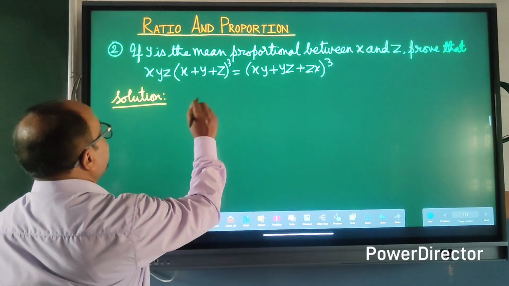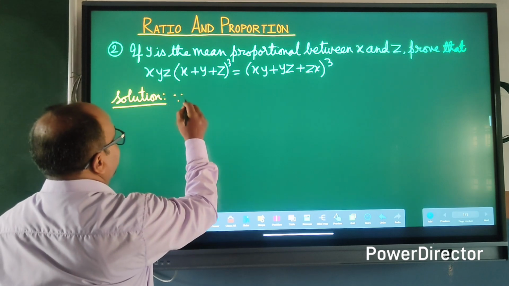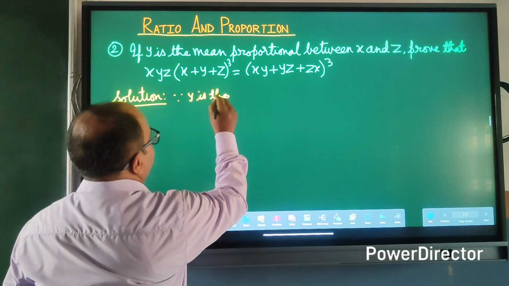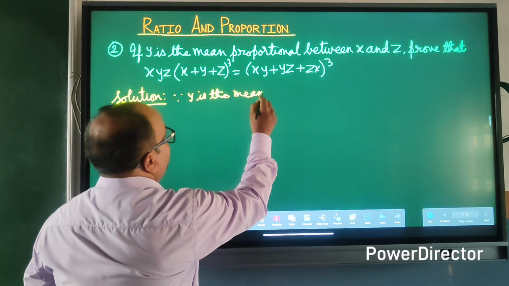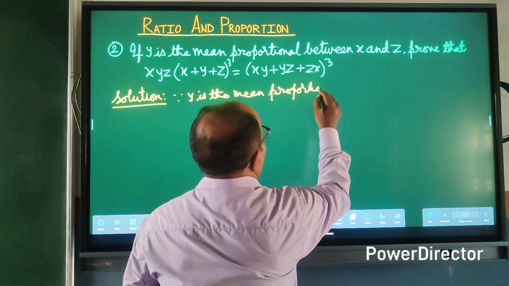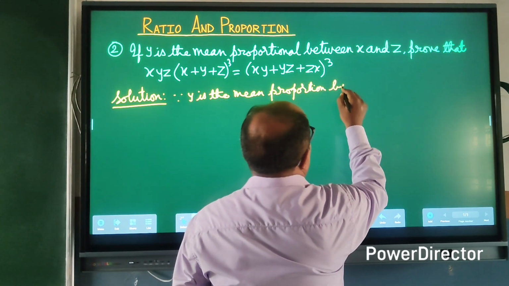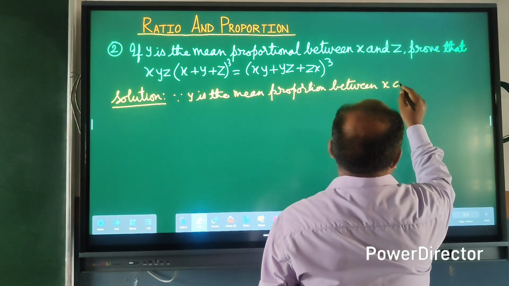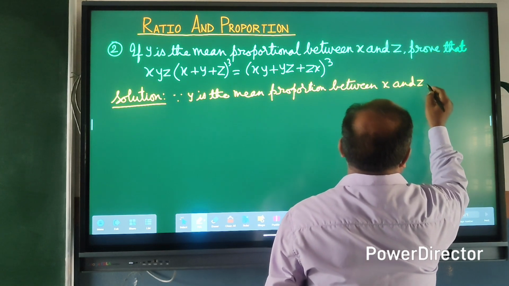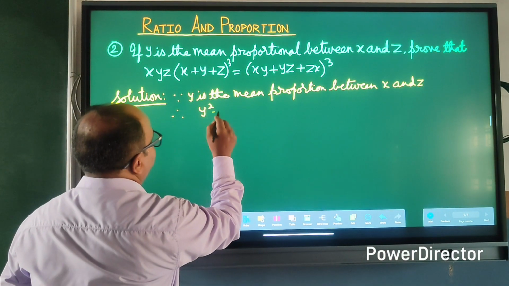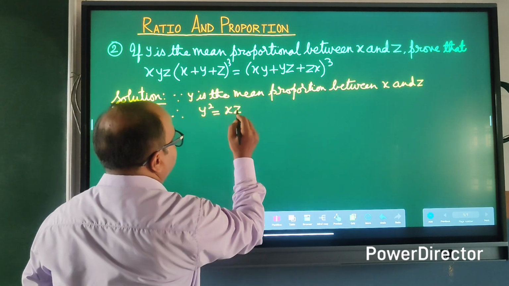We are given the condition here, so we will write it: since y is the mean proportion between x and z, therefore, we can write y square equals xz.